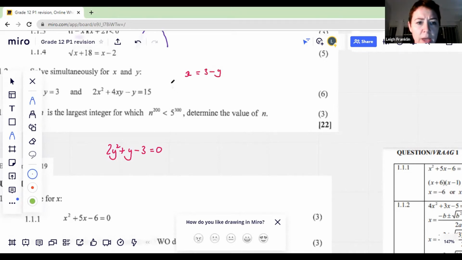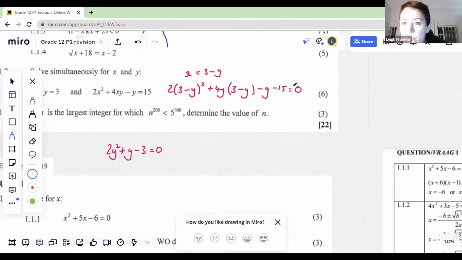Yes. Okay, and then you went 2 times, everyone else, you just carry on going, plus, then here we would have had 4y, and then here we would have had 3 minus y minus 15 equals 0. I've just moved everything over to the left-hand side, Ayomide. Yes.